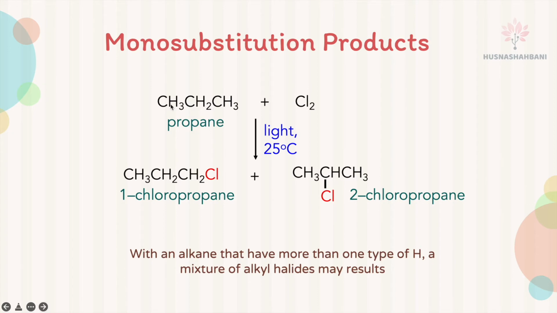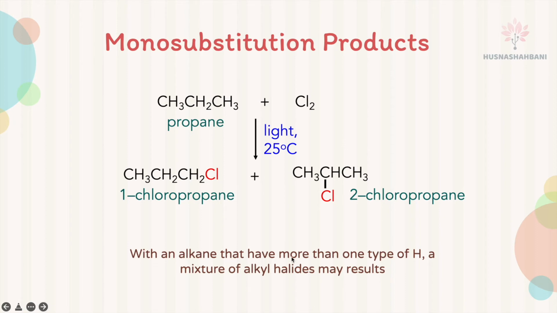Monosubstitution product. Propane reacts with Cl2. Half of it, the Cl atom will replace a hydrogen of the primary carbon. The other half will replace a hydrogen in the secondary carbon. So the products are 1-chloropropane and 2-chloropropane: this chlorine is attached to the second carbon, so 2, and this chlorine is attached to the first carbon, so 1.